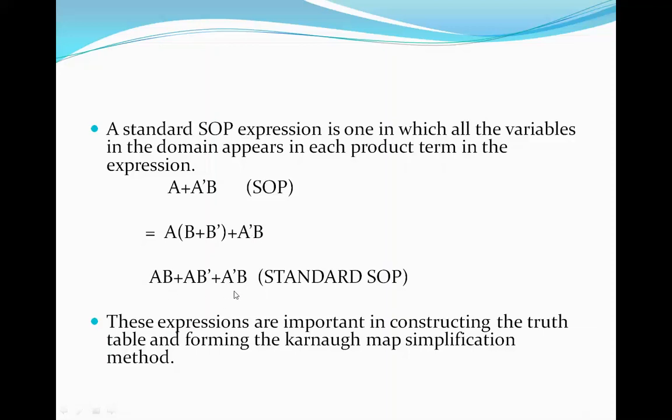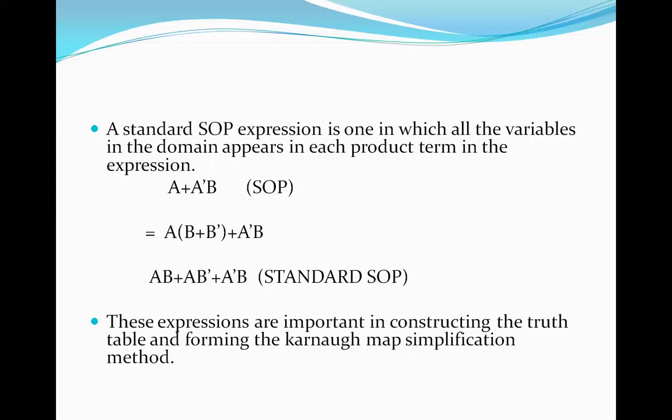If you see this, it includes three terms, but all three terms have both the variables present, whether in the complement form or in the normal form. That doesn't matter. The thing is that all the terms should contain both the variables. So we can say it is in the standard form, because in the first term A, B both are present, in the second term A, B complement is present, in the third term A complement B, that means A, B variables.